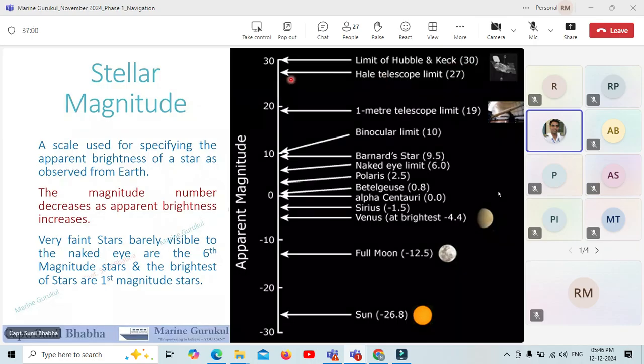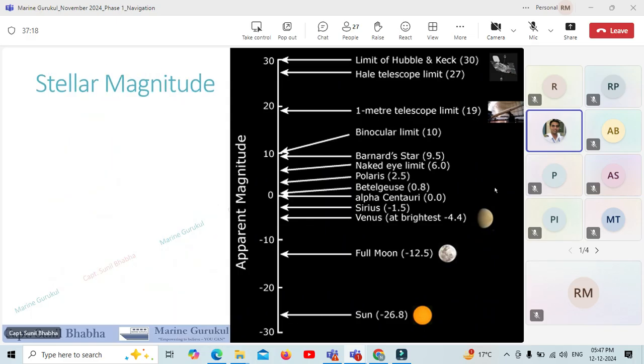So this diagram gives us a comparison of the brightness as well as the stellar magnitude of different celestial bodies. Now, a first magnitude star is 100 times brighter than a sixth magnitude star.